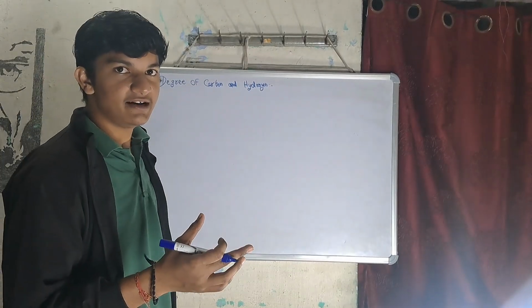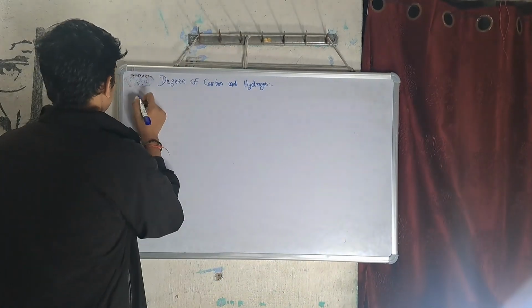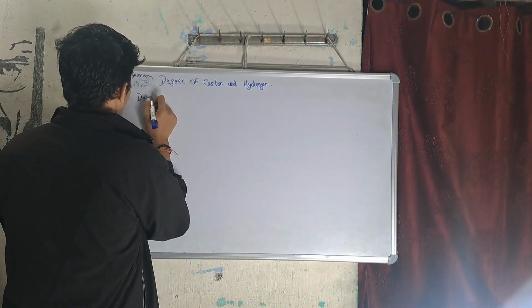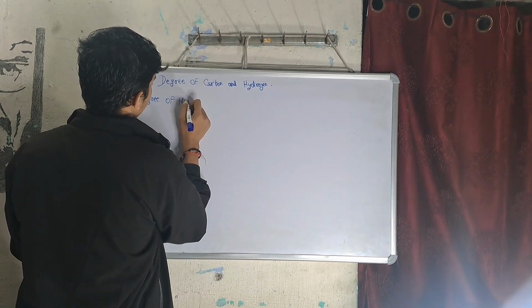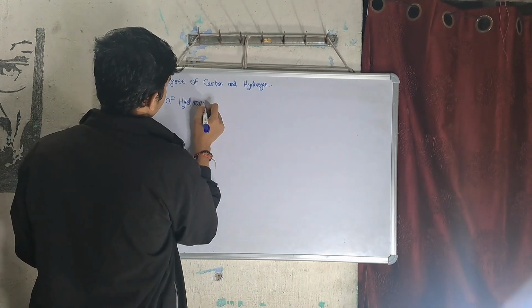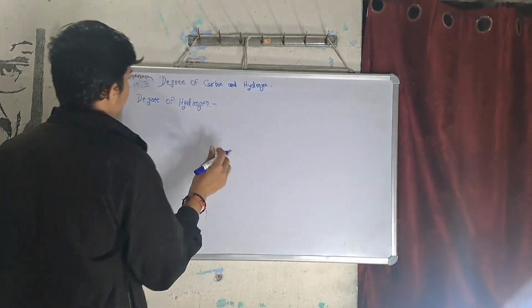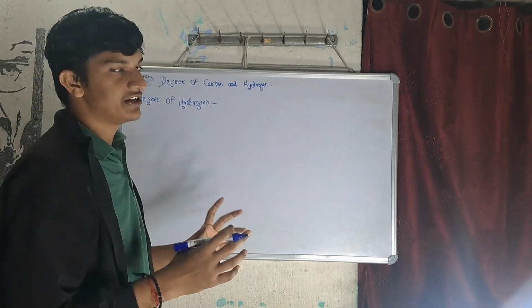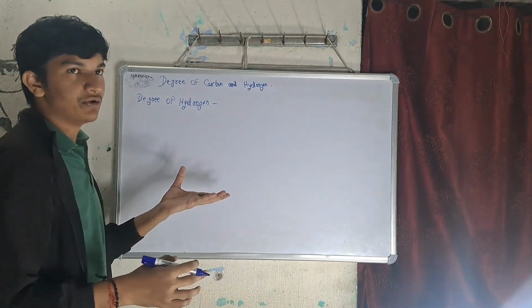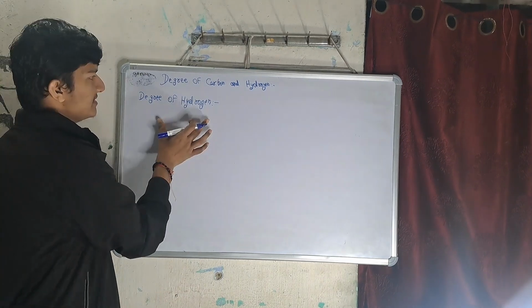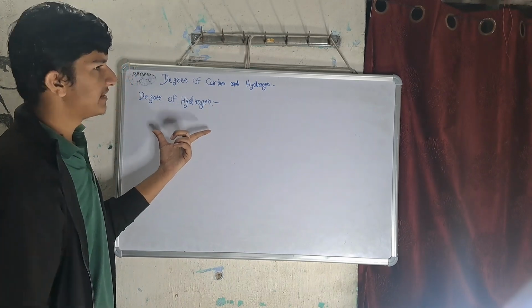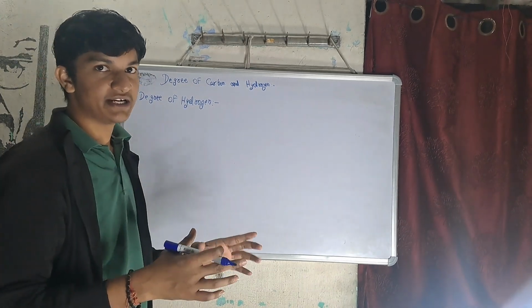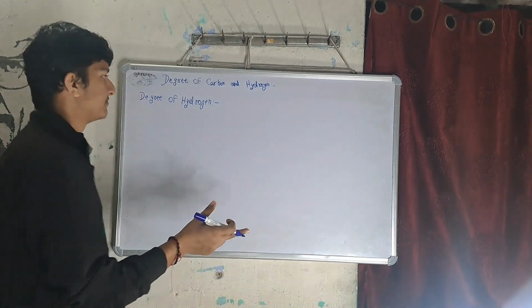Now we will understand degree of hydrogen. So what is degree of hydrogen? Basically we know the degree of carbon, so this is similar, but here we have to calculate the total number of hydrogen present on the carbon atom.